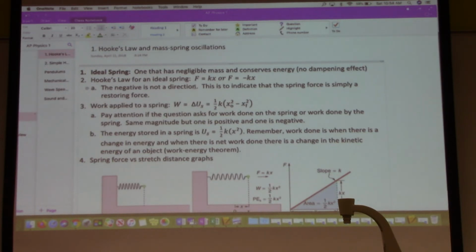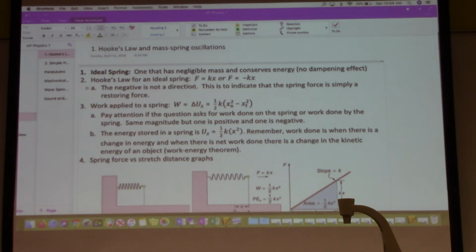So if the spring is compressed, the force from the spring is in the opposite direction as the force applied to compress it. If the spring is stretched to the right by you, then the spring force is going to be to the left. So the negative does not indicate right, left, up, or down. It just indicates that the force from the spring is in the opposite direction from which it is stretched or compressed. I'll get into this equation in a little bit.